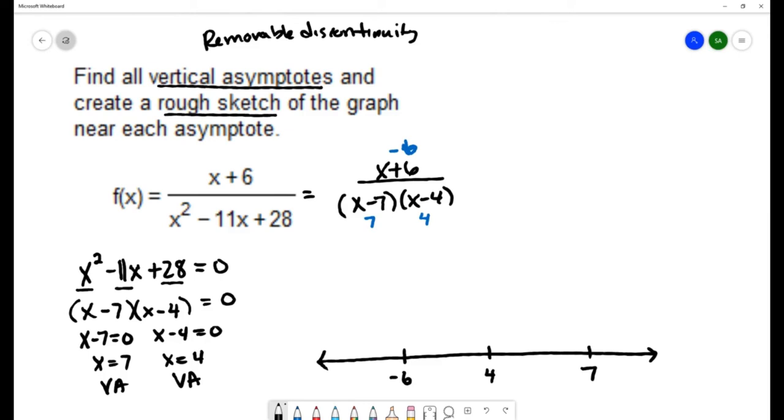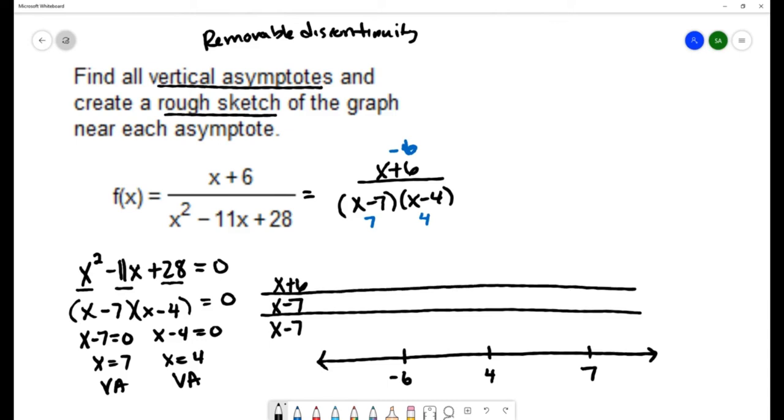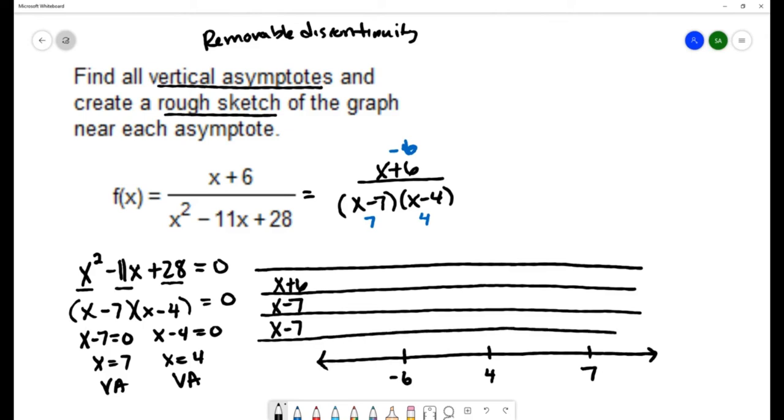Over here, I'm going to list the factors that we have: x plus 6, x minus 7, and x minus 4. Let me draw a little grid for these different factors. The one thing about these factors is that they are all linear factors. They all have a positive slope.